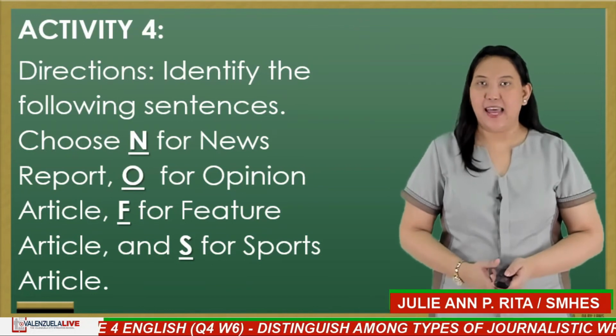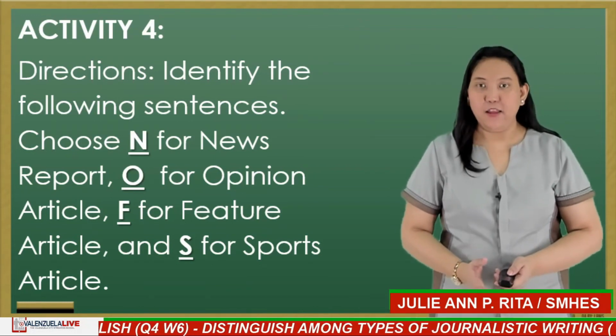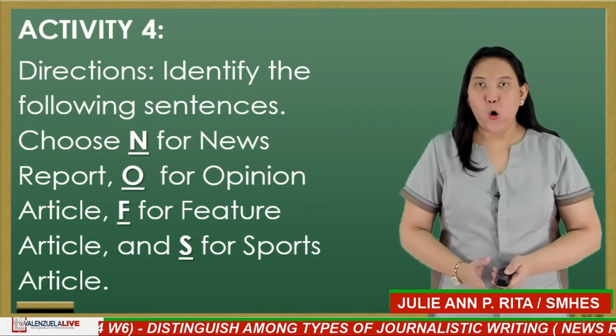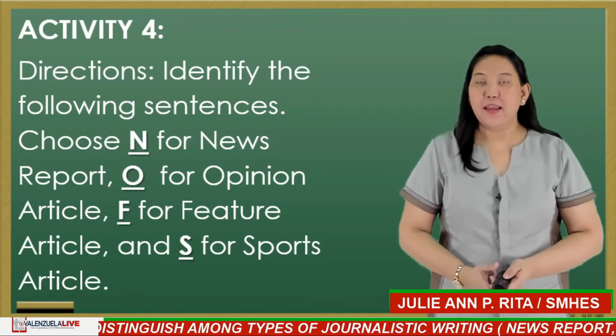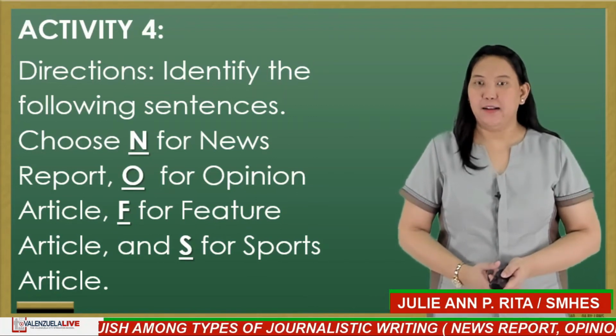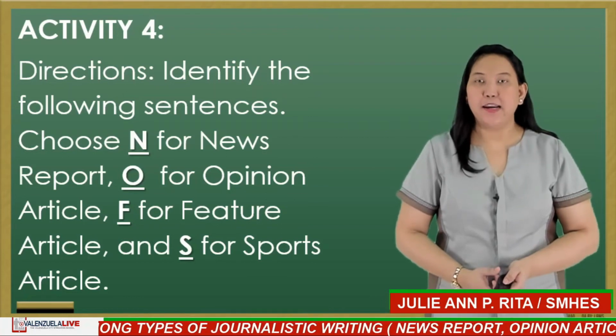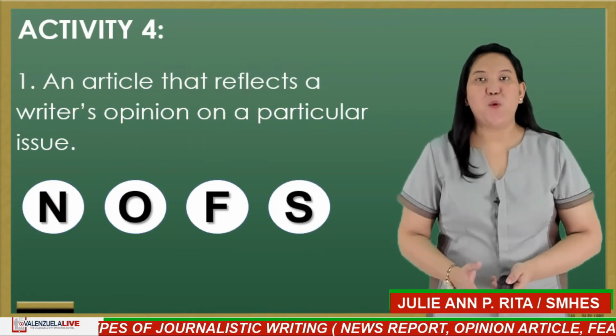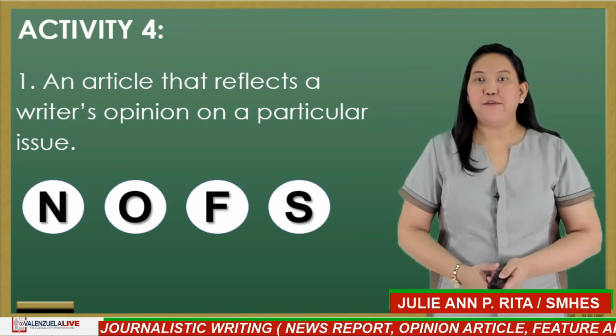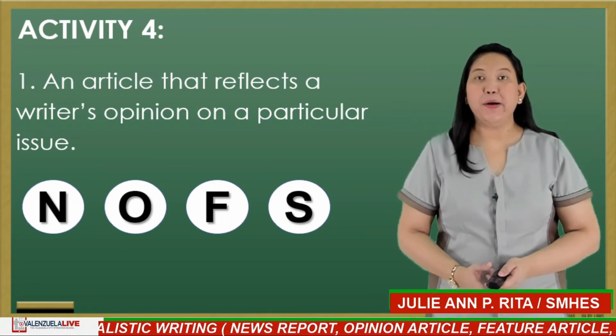Identify the following sentences. Choose N for news report, O for opinion article, F for feature article, and S for sports article. Number 1. An article that reflects a writer's opinion on a particular issue.